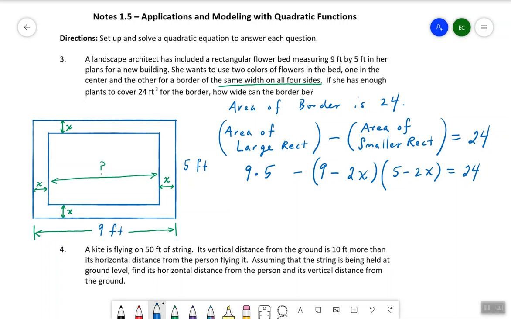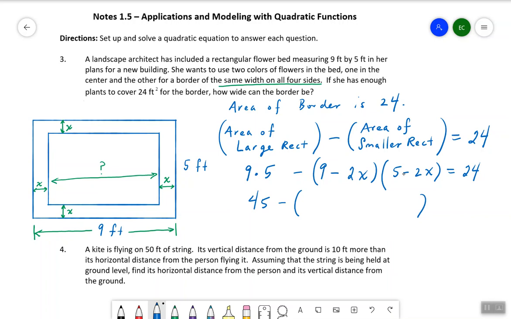Okay, now that we have the quadratic equation, we can go ahead and work through it and solve it. So let's do 9 times 5 is 45, and then let's distribute the two binomials here, and let's leave it inside the parentheses, and we'll distribute that minus sign in just a minute, so that we're very careful with the signs.